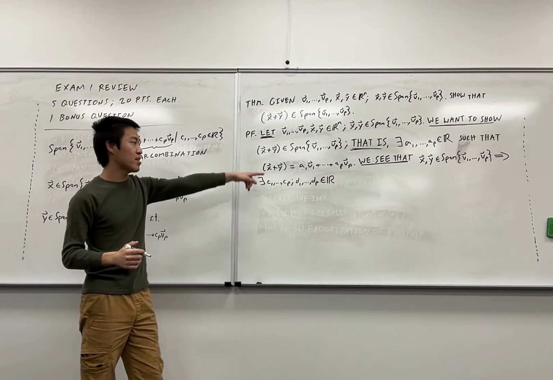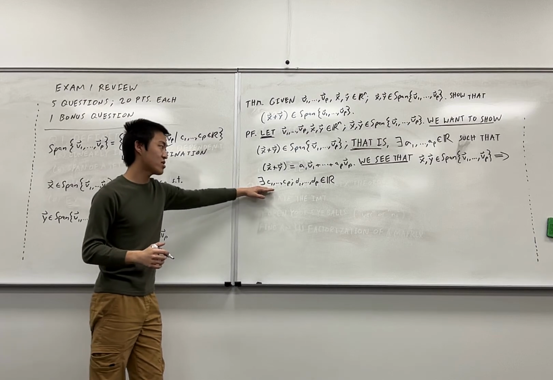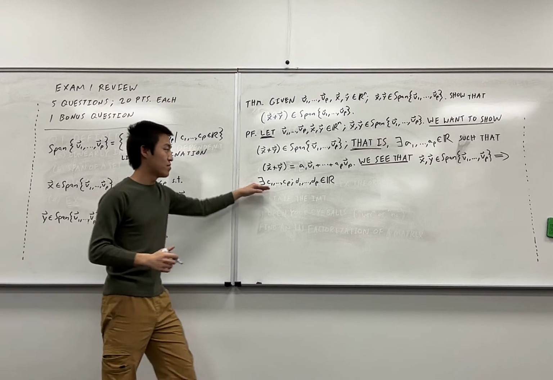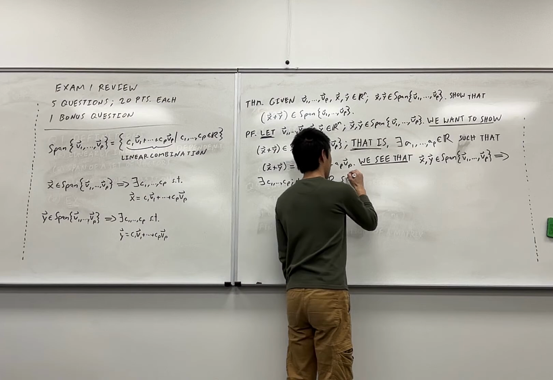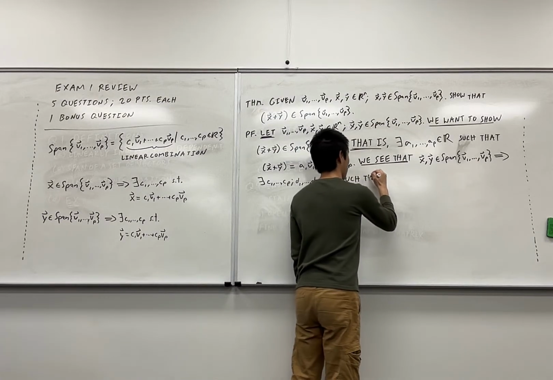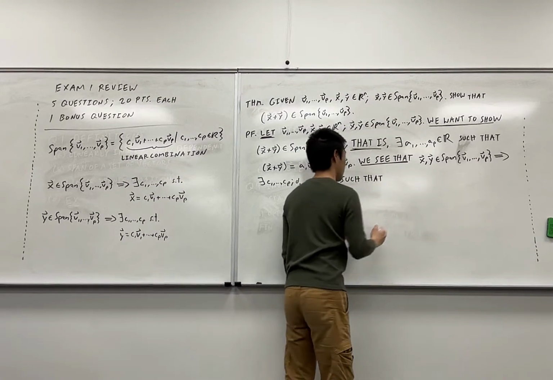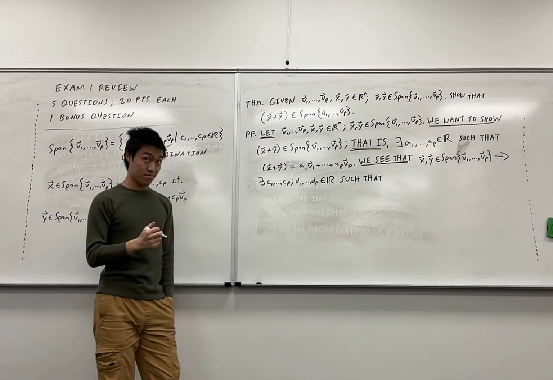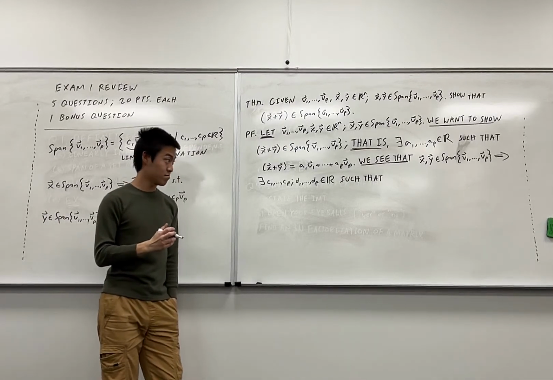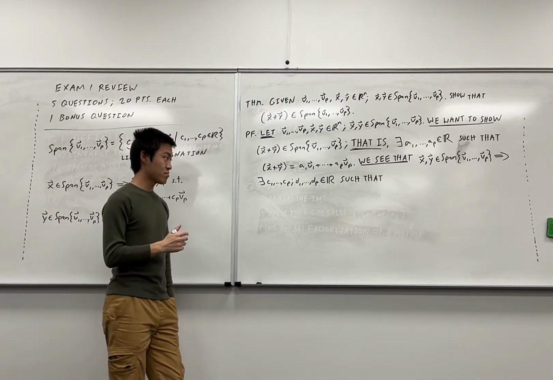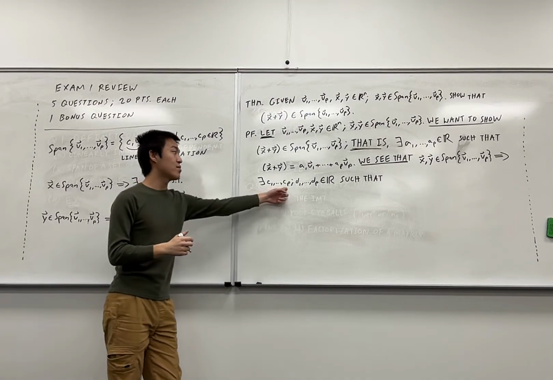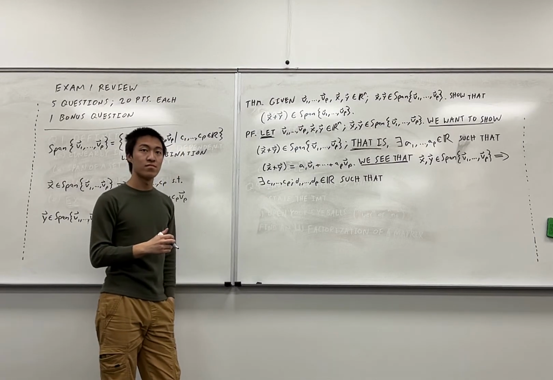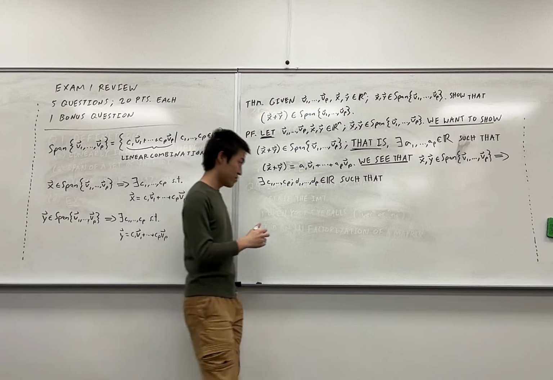So x, y in the span implies what? We have the existence of these weights. Why do they exist, such that? Why would I declare weights C1 through CP? Then you could do the weights for x and the weights for y. There we go.